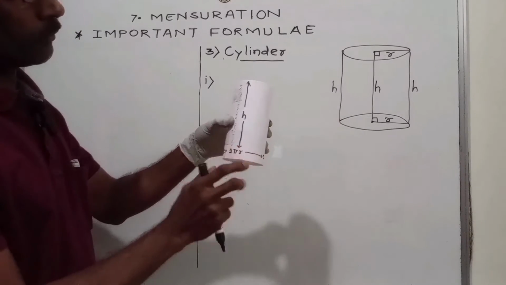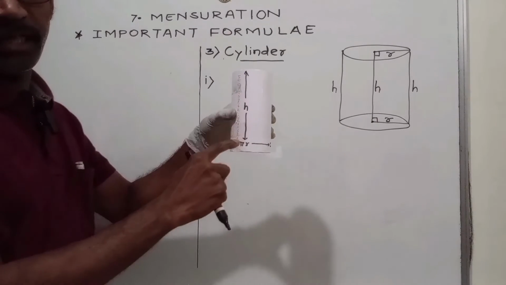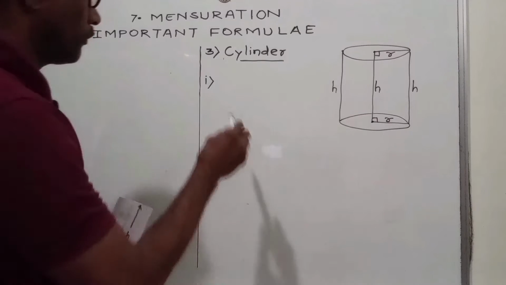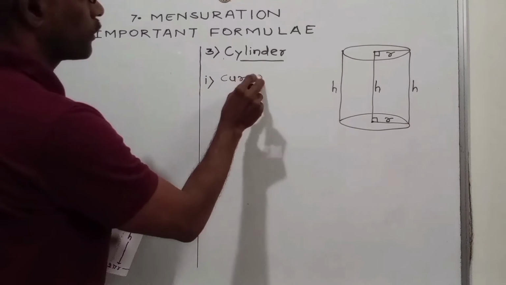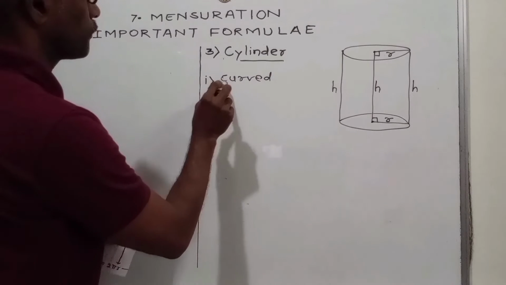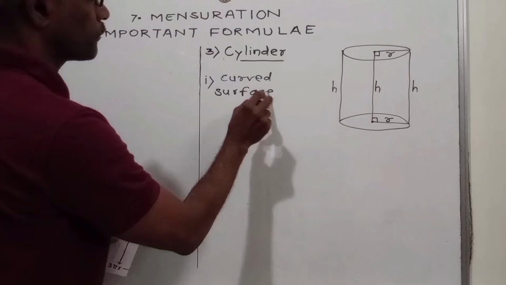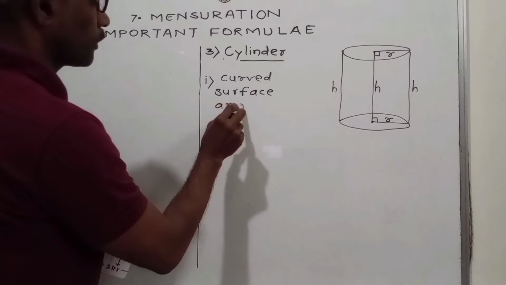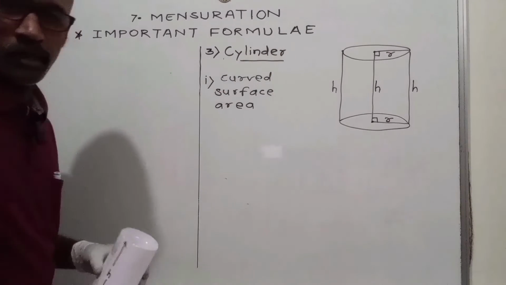And see this is height. When we find first curved surface area, curved surface area of cylinder.